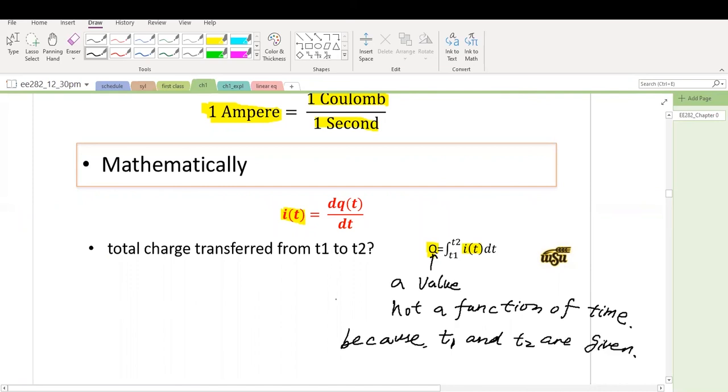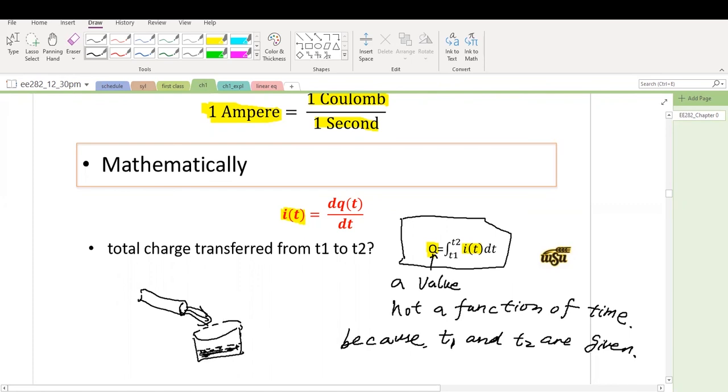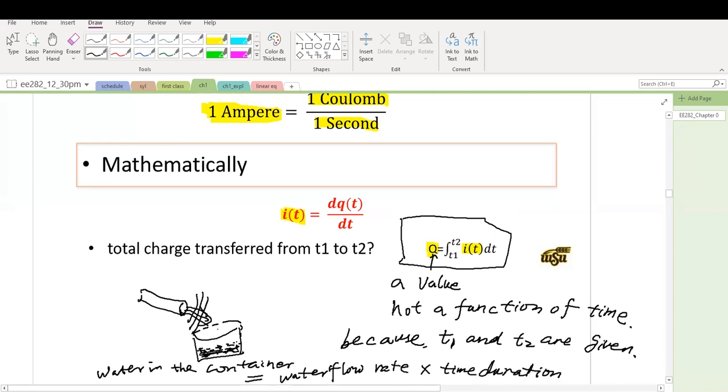Okay. Think of this relationship as water flow. There's a pipe here, water coming out here, and then there's a big container here. And how much water from 1 o'clock to 3 o'clock? So the water in the container equals the water flow rate multiplied by the time duration, if the water flow is constant, is uniform.